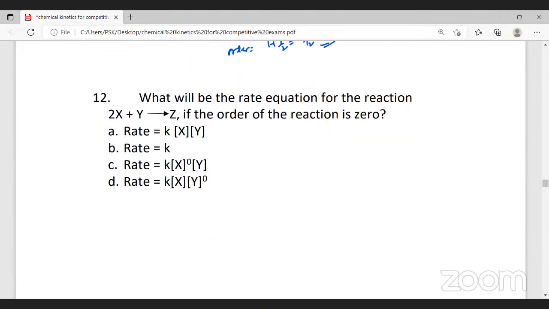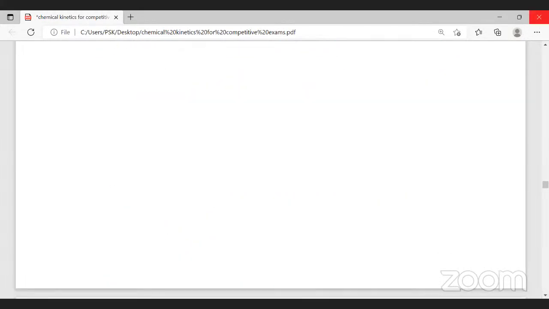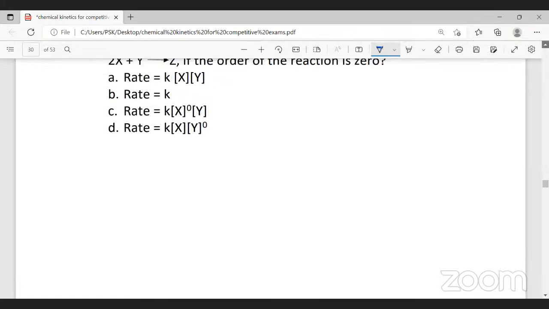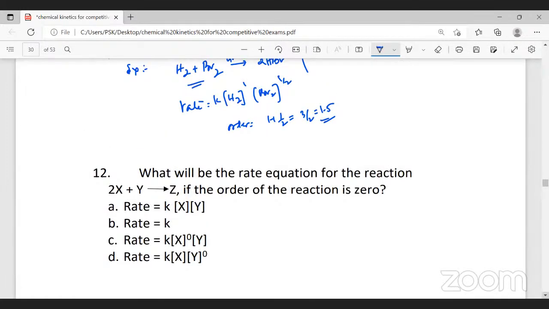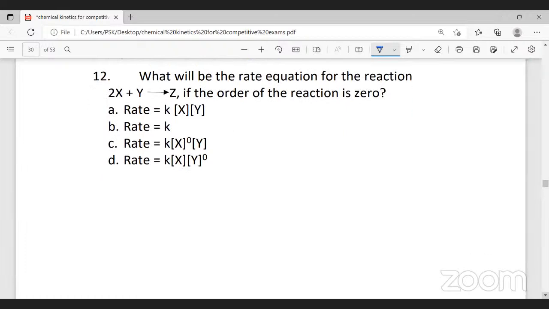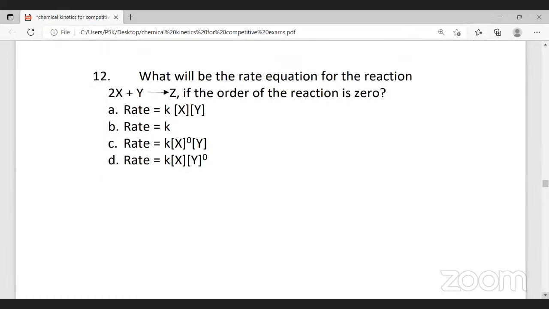The next question. What will be the rate equation for the reaction 2X plus Y giving Z, if the order of the reaction is 0?